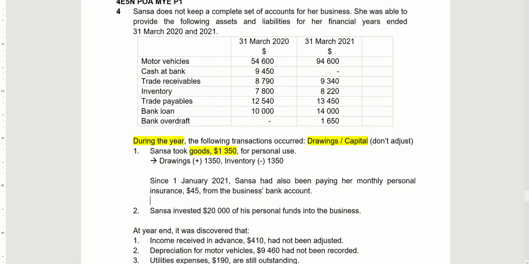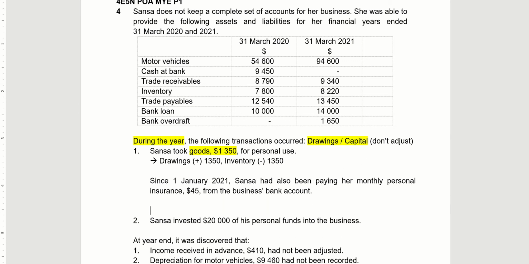Next, you also see since 1st of January, she has been paying for her monthly personal insurance. The important date is here, 1st of January. A lot of students ignore this and see the word monthly and immediately assume that it is for 12 months.